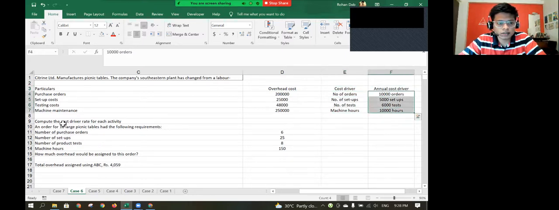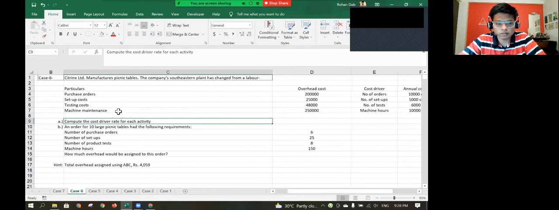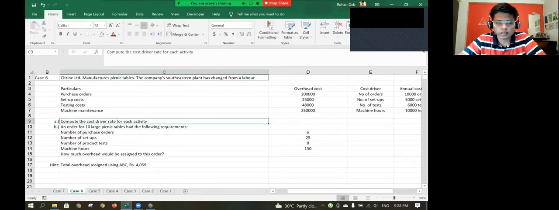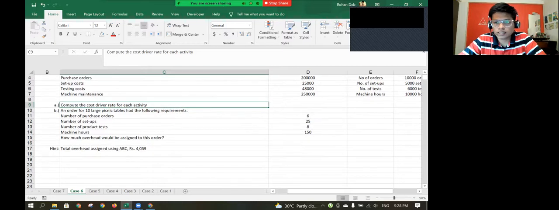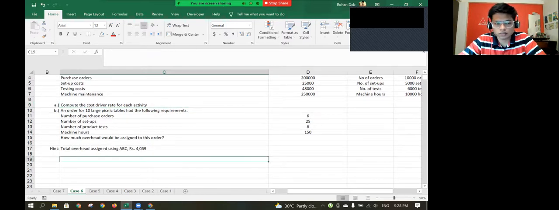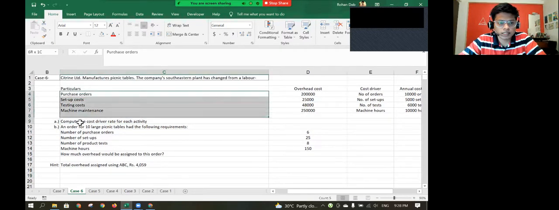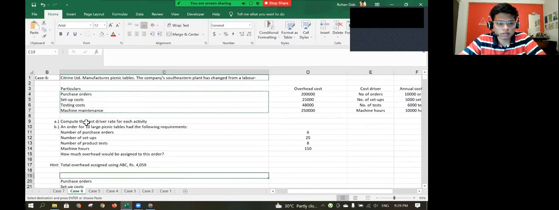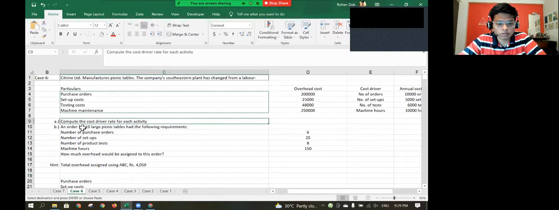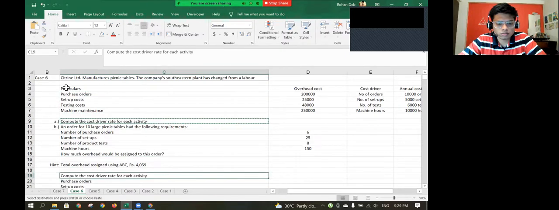Now it says compute the cost driver rate for each activity. So let's quickly get started with the cost driver rates. Firstly, I'll copy the costs, and you can copy this also, make it bold.